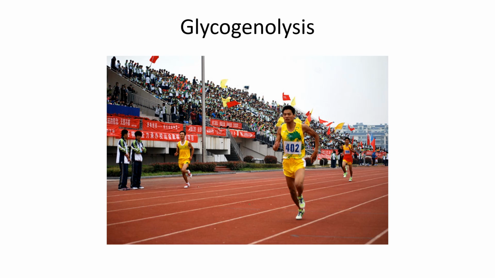So in this instance, we are looking at a race. Let's pretend that this is a sprint. We're going to use a sprint as an example. During a sprint, within skeletal muscle cells that are involved in the sprint, the rate of glycogenolysis is going to be really great. It's going to be really fast. Why? Well, as I've already said, what happens during a sprint is the muscle cells begin to contract really forcefully and really frequently.